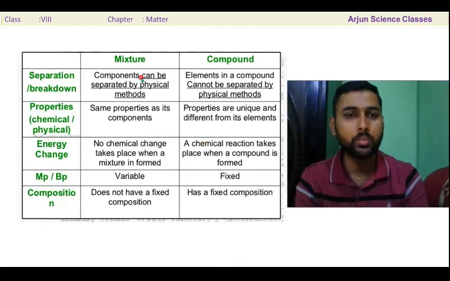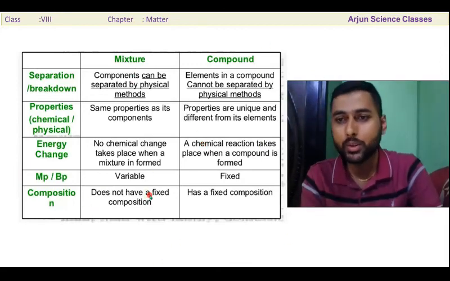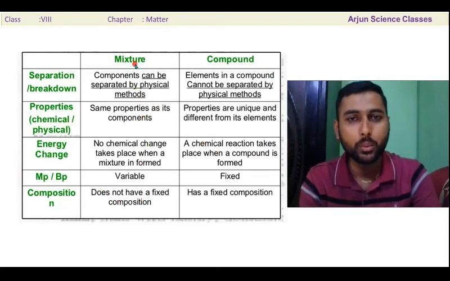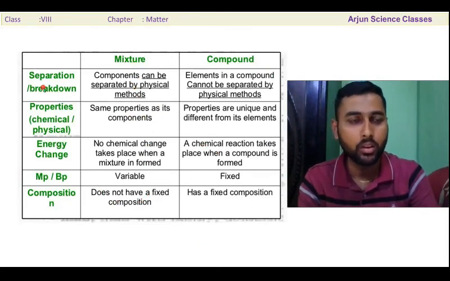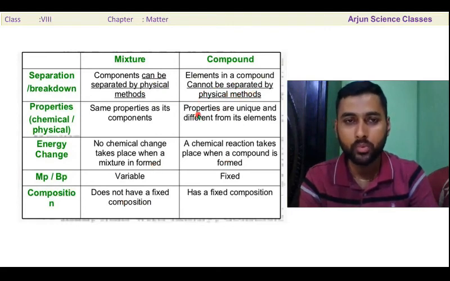Dear students, here you can see the difference between mixture and compound. Components can be separated by physical methods in case of a mixture. Elements in a compound cannot be separated by physical methods, only by chemical methods.